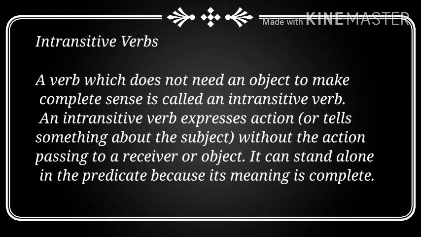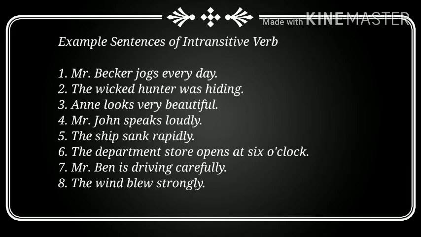So, here children, you will find that the sentence gives the complete meaning without the object. Okay, now see examples. Mr. Becker jogs every day. Now here children, you can find that there is no object.